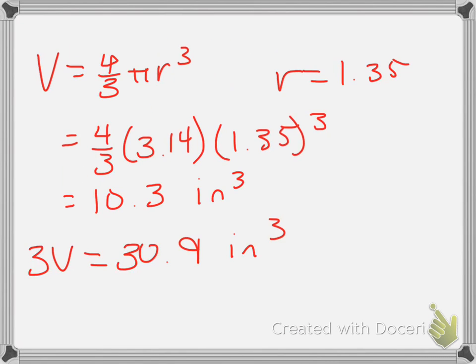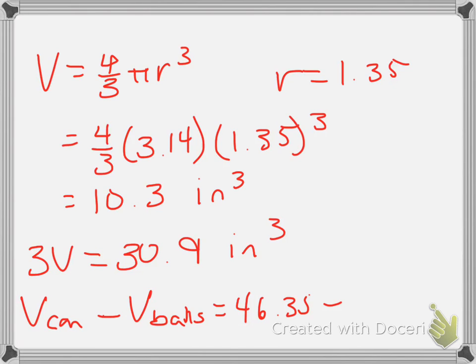We were asked the volume of the empty space. So the volume of the empty space is going to be the volume of the can minus the volume of the tennis balls. So that's going to be 46.35 minus 30.90.